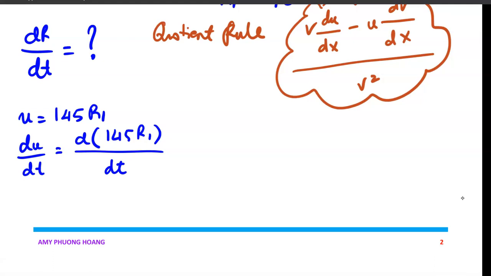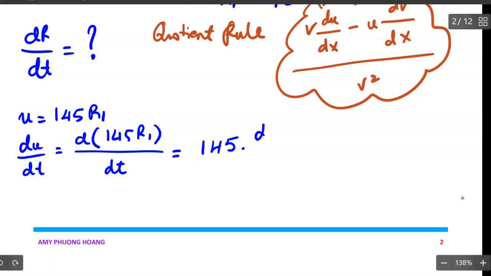So in this case, I should have 145. The derivative of 145 R1 is 145, and I multiply by the derivative of R1 with respect to time.